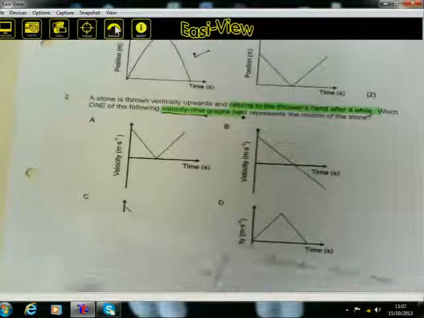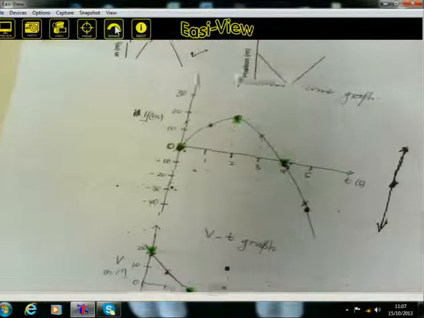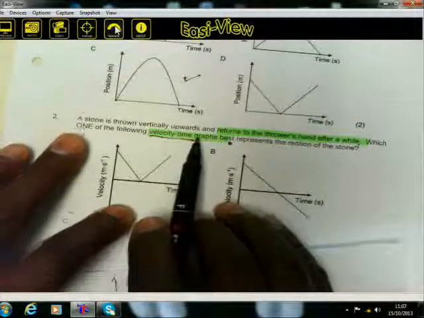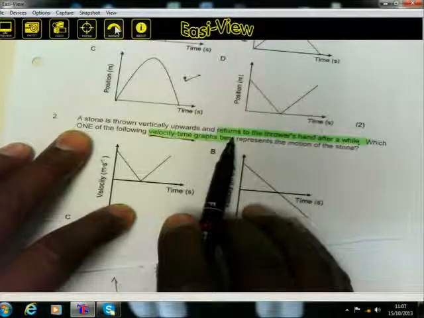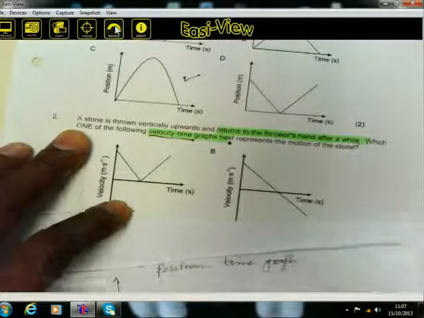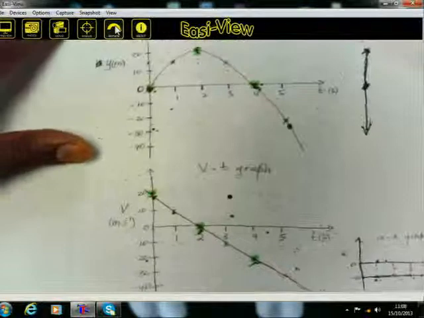Now the velocity time graph, as we indicated earlier, is a straight line graph. And in this case, a stone is vertically thrown upwards and then it returns to the thrower's hand. This represents a situation similar to the one that we have here.